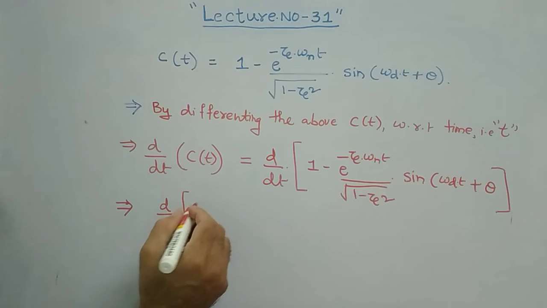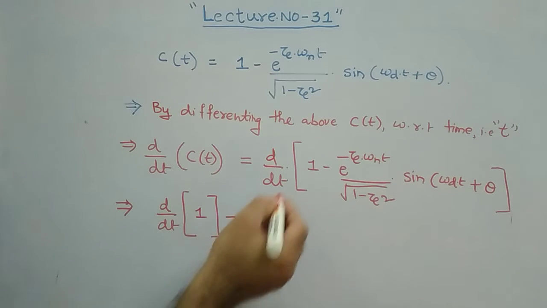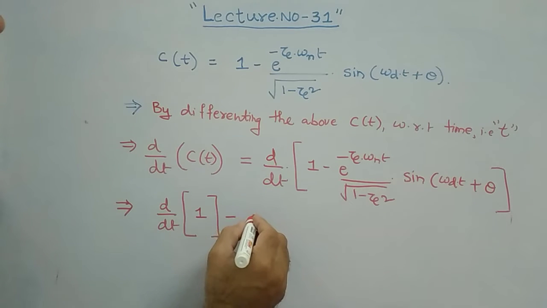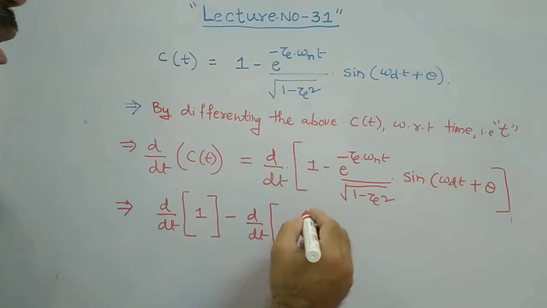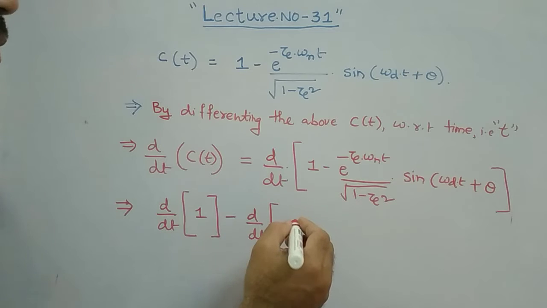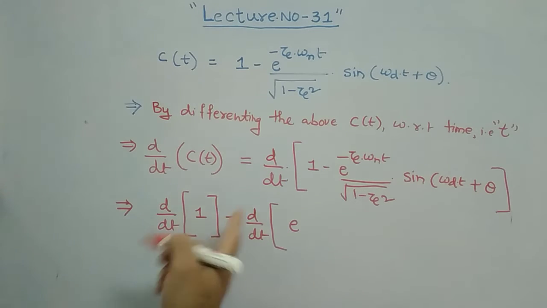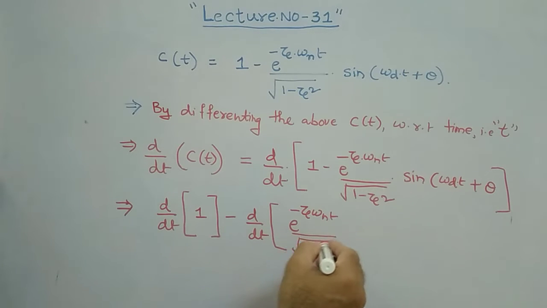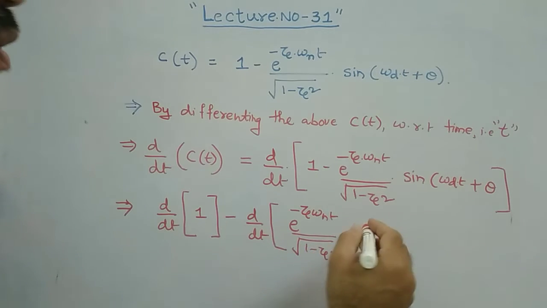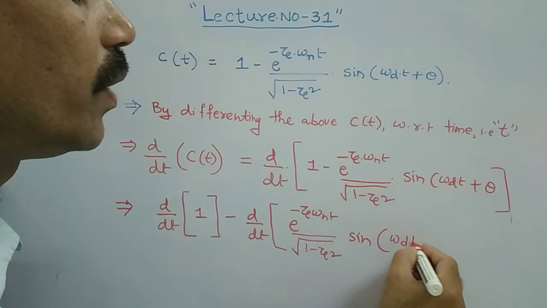Otherwise, I will expand this: d by dt of 1, then d by dt of the remaining everything, that is e power minus zeta omega n into t by square root of 1 minus zeta square times sine of omega d into t plus theta.